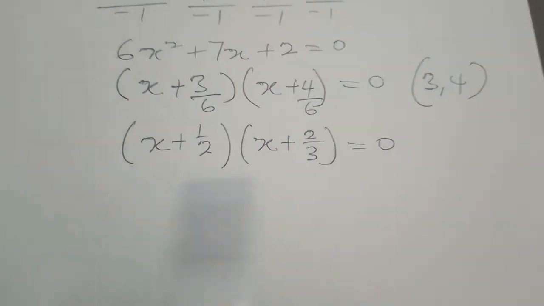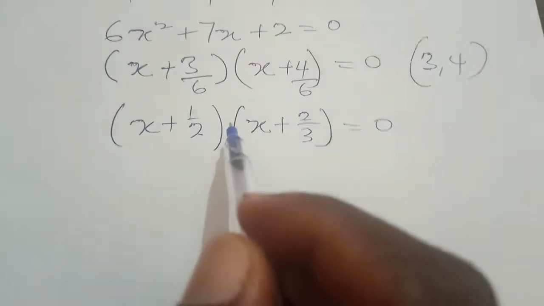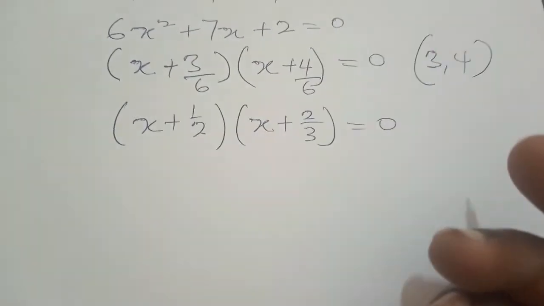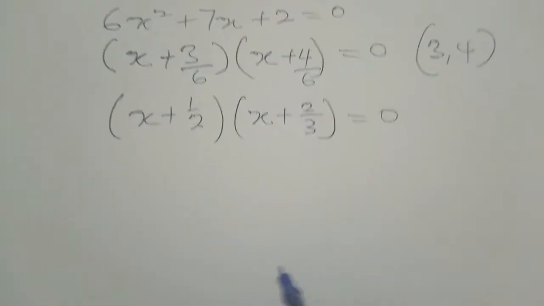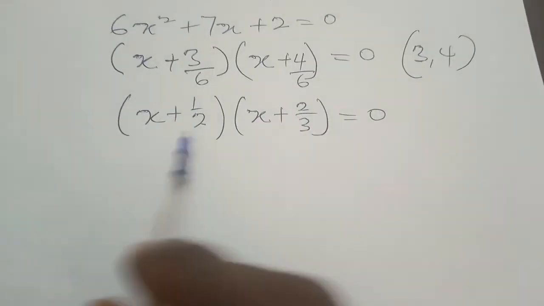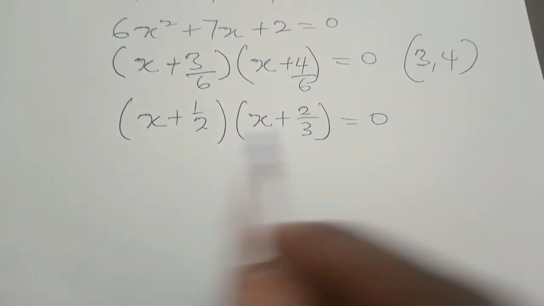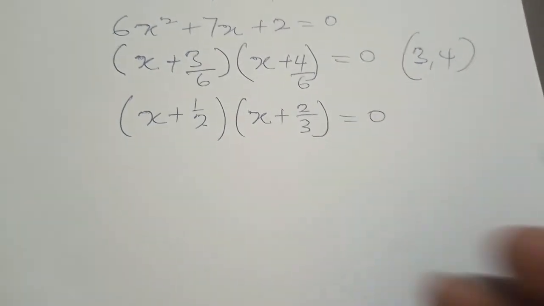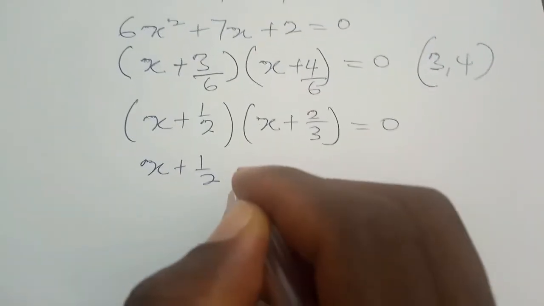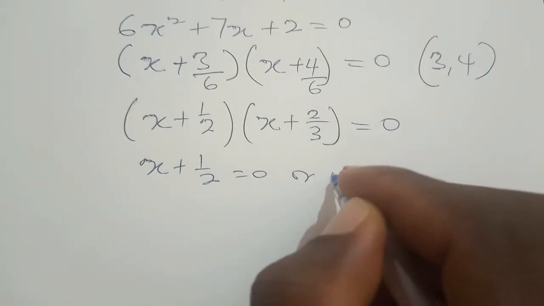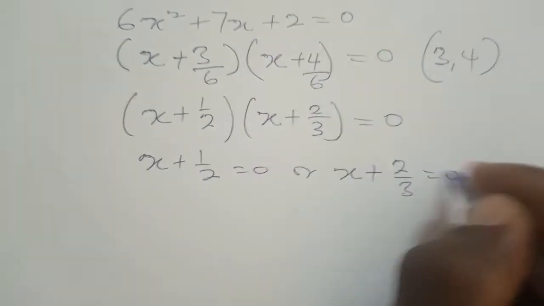There's no problem with this. You can equate each of these to 0, or you multiply through here by 2 to get 2x + 1 and then 3x + 2. But here we don't even need to do that since we are looking for the value of x. Since the two of them multiply to give us 0, it's either the first one is 0 or the second one is 0. So x + 1/2 = 0, or x + 2/3 = 0.